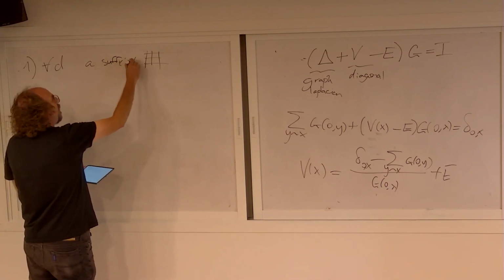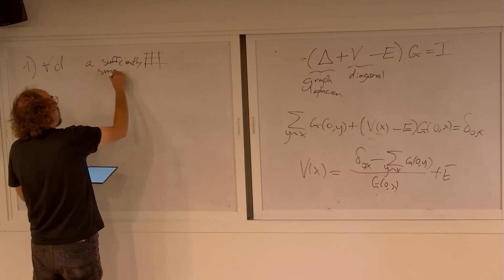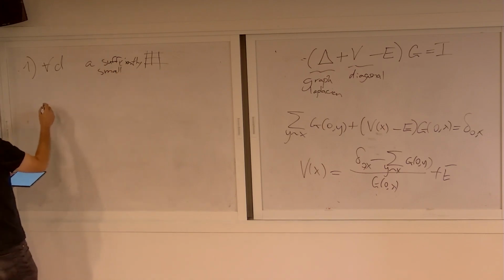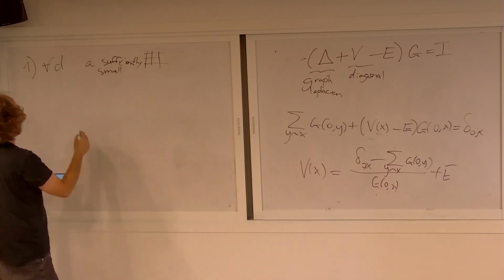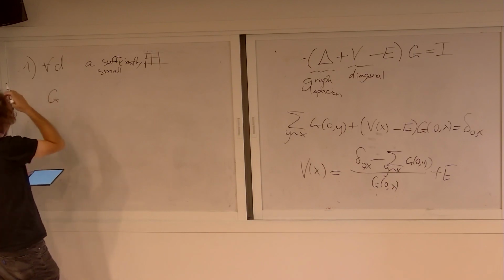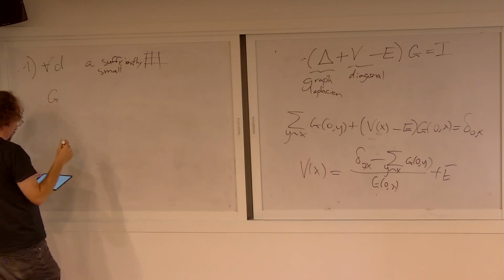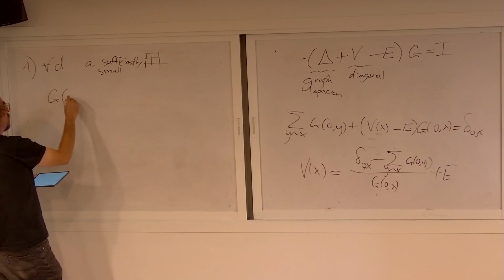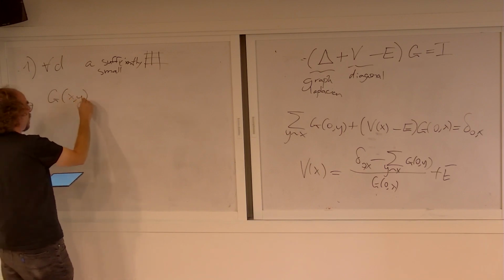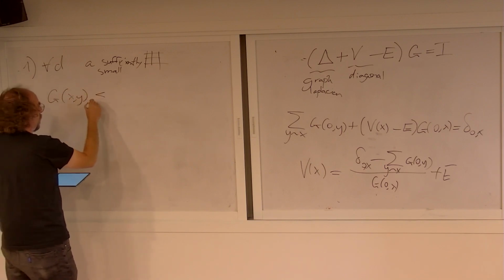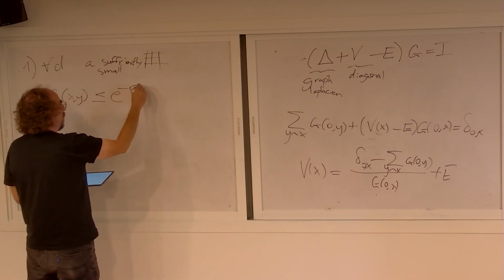For A sufficiently small, you have exponential concentration. So say G_xy decays exponentially in the distance between x and y.